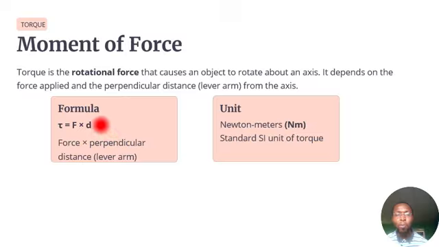Moment of force is the product of force and a particular distance. Because of this formula, the unit will be Newton meter, because force is in Newton and distance is in meter. So the unit of torque or moment of force is Newton meter. That is the standard SI unit of torque or moment of force.